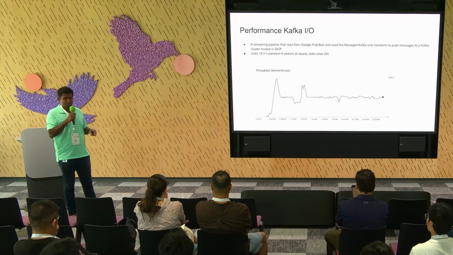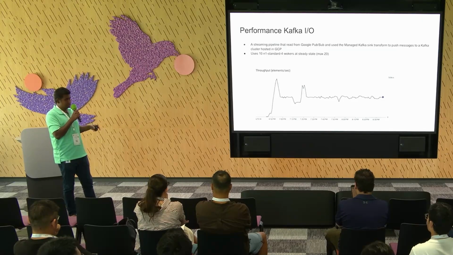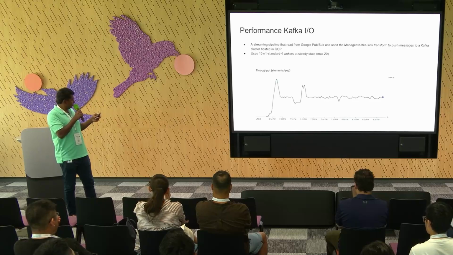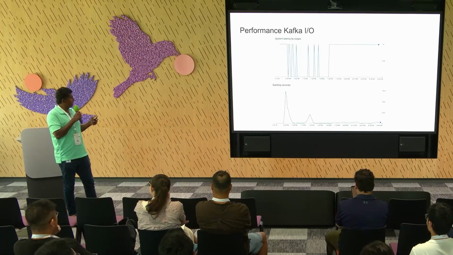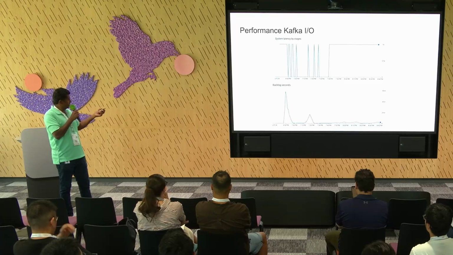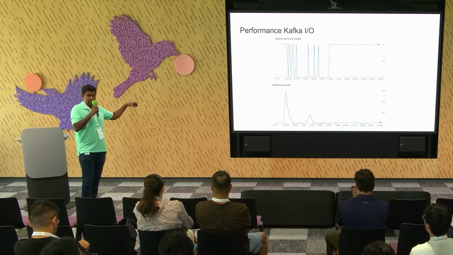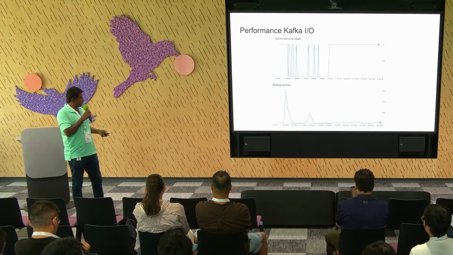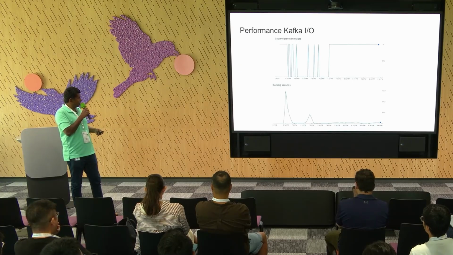Throughput was pretty good, about 250K messages per second, and the latency was pretty low, 1 second or less. There was some backlog initially in the Kafka cluster when we read from PubSub, and that was cleared during the execution of the pipeline.